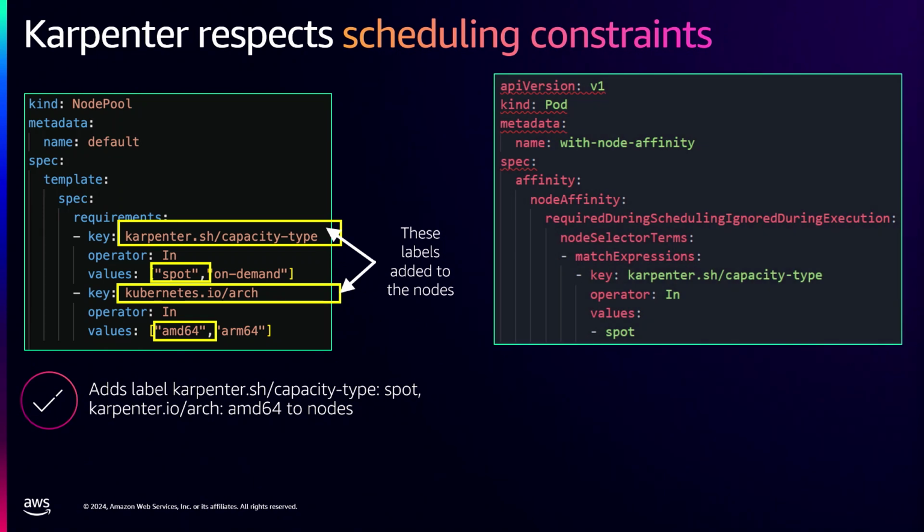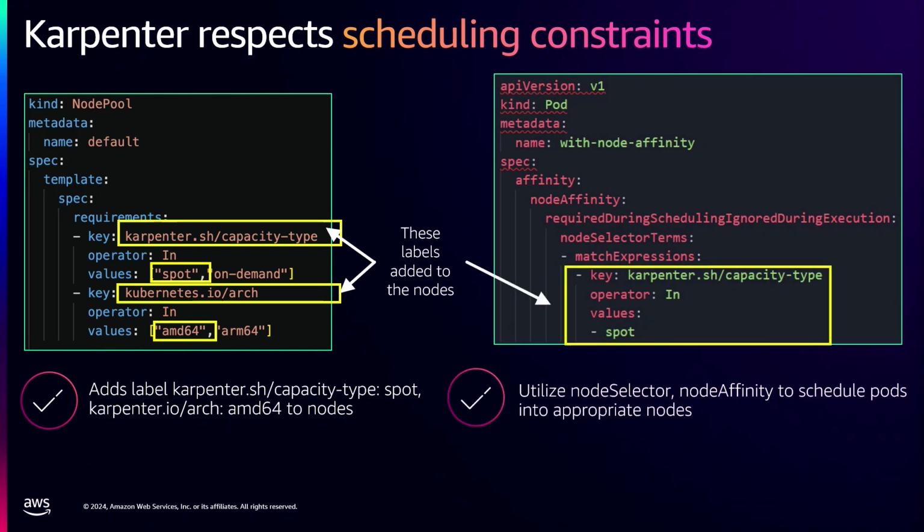On the right, I'm showing a sample pod specification file. You can use those key-value pairs to schedule the pod in specific instances. So in this case, if you deploy this, if the EC2 was already running, the pods will get scheduled there. If there was no EC2 running, Karpenter will spin up a spot instance to satisfy these scheduling requirements.